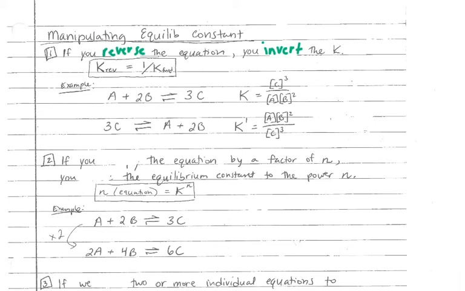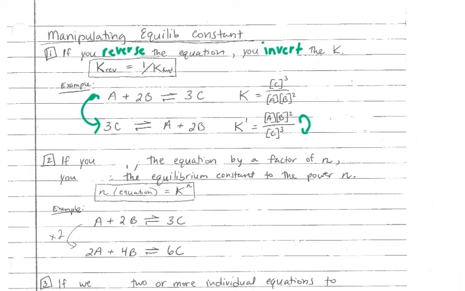For example, if we have this reaction here, A plus 2B reacts to form 3C, the equilibrium constant expression would be product C cubed divided by reactants A times B squared. If we reverse this reaction and flip it, then we have to flip that K, or invert it, which is the term in math when we flip the numerator and denominator. That makes sense.